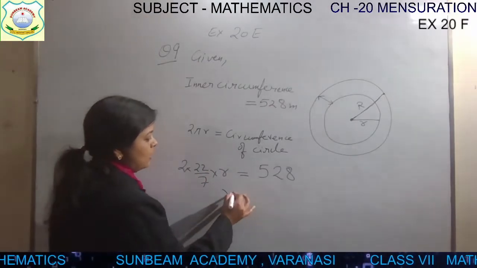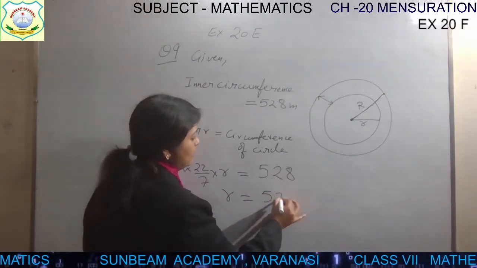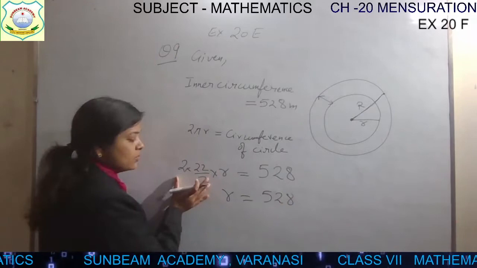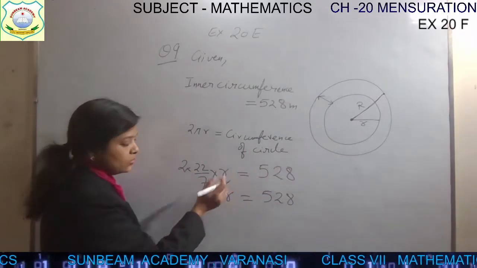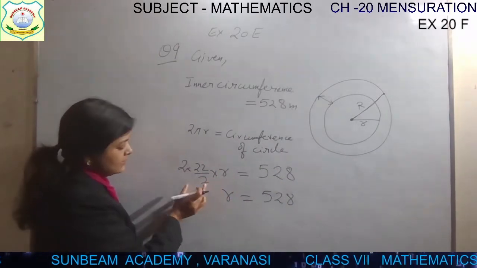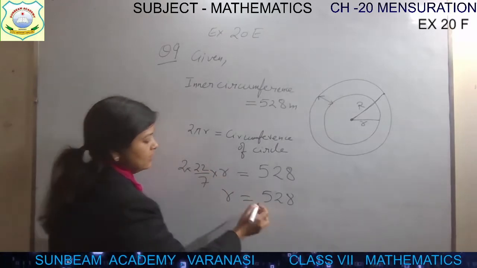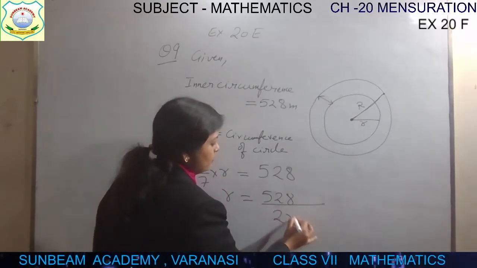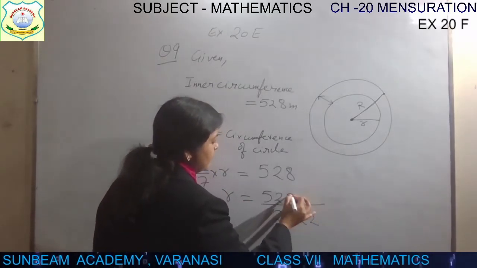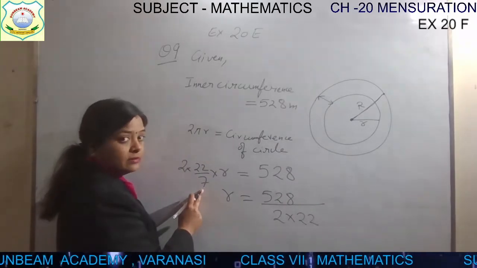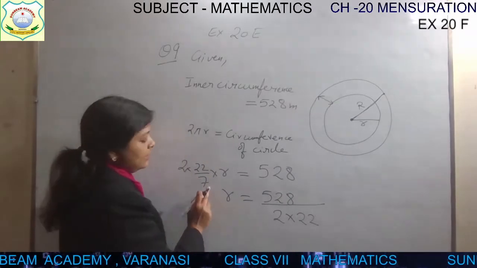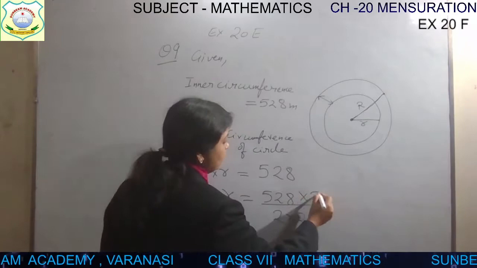So small r radius is equal to 528. Now transpose these on the other side so that we can find the value of radius. So 2 and 22 are in the numerator, so they will go to the denominator, and 7 is in the denominator, so it will come to the numerator to multiply.